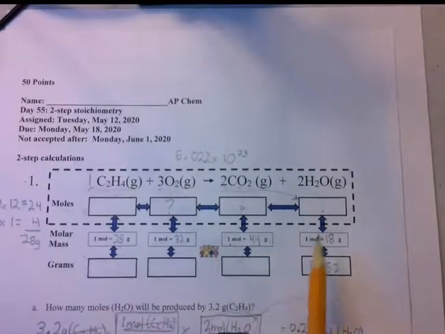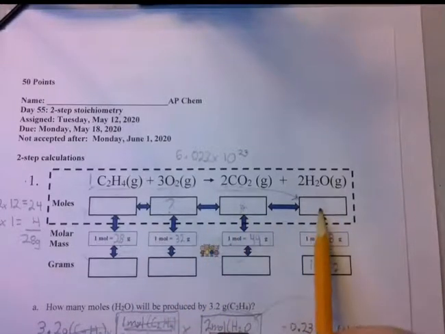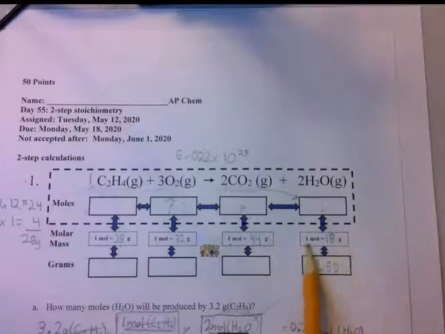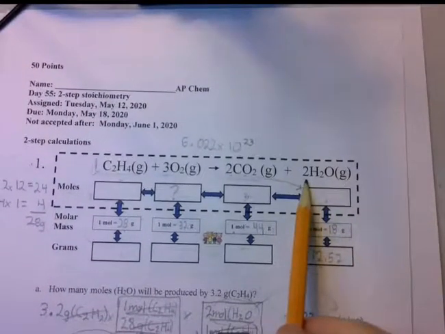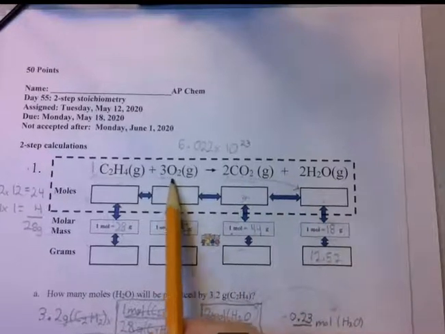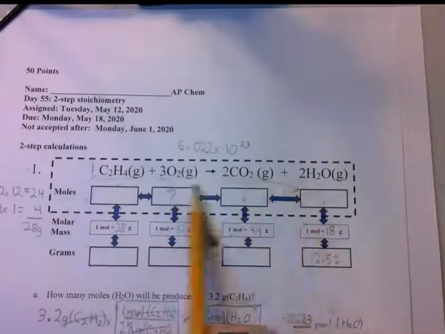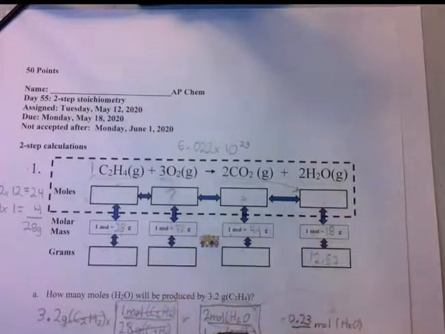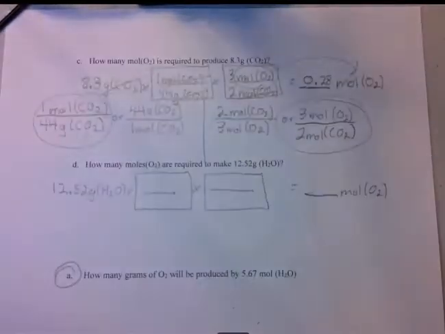Okay, so you're going to start here. You always have to move into the equation first before you move sideways. So you move from 12.52 grams to moles of H2O using the molar mass conversion. And then you convert from moles of H2O over to moles of O2 using the relationship between 2 and 3. Okay, 2 moles of H2O, 3 moles of O2. So here we go. I'm going to make two ratios out of this.